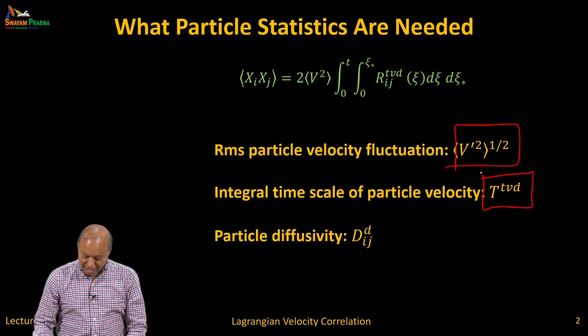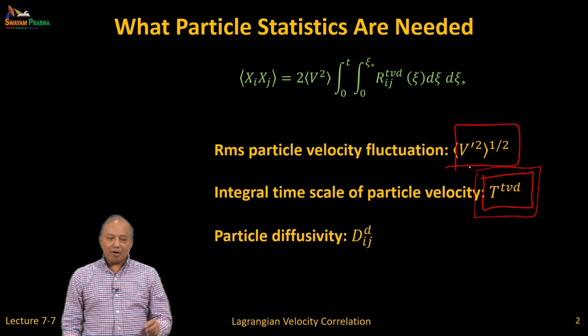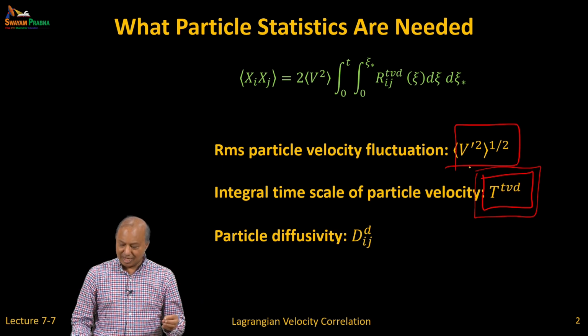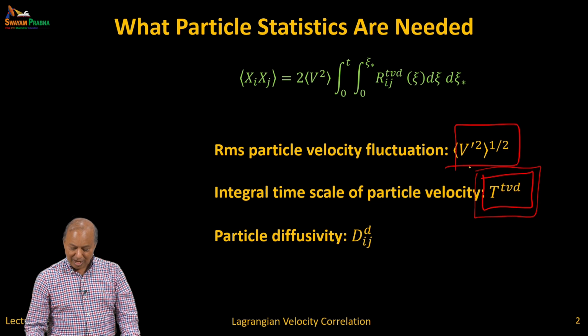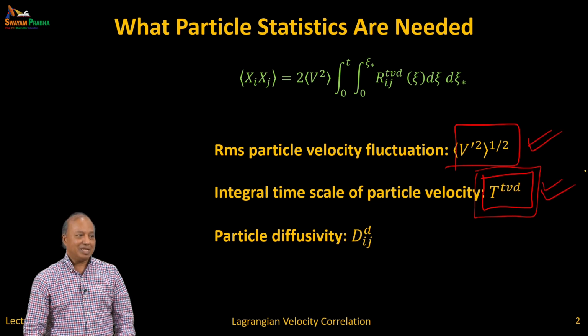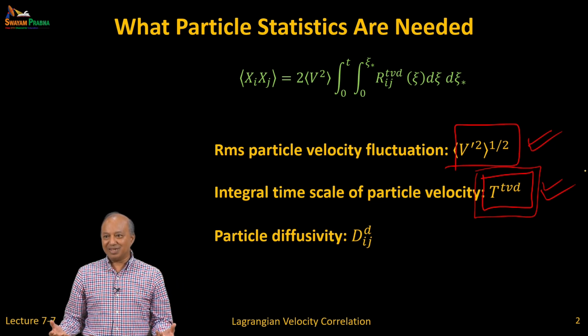Same thing with the integral scale. What about how long a particle remembers its fluctuating velocity? So here the first one is how big is the fluctuating particle velocity. Here this quantity is how long it remembers, because those are the two things that we want in the Langevin model.